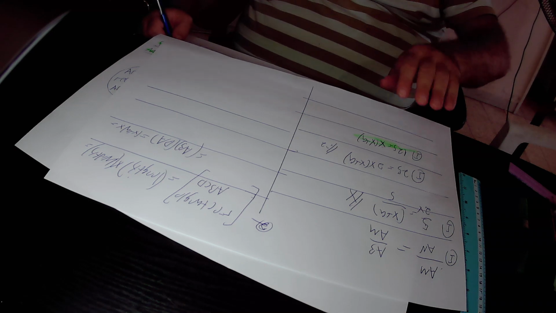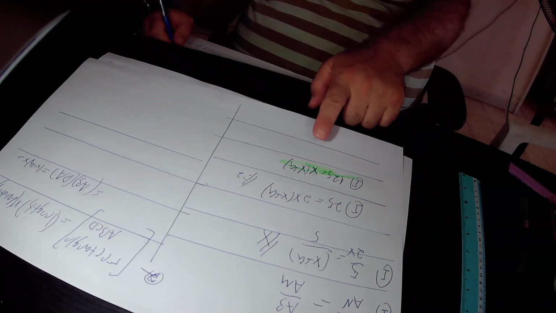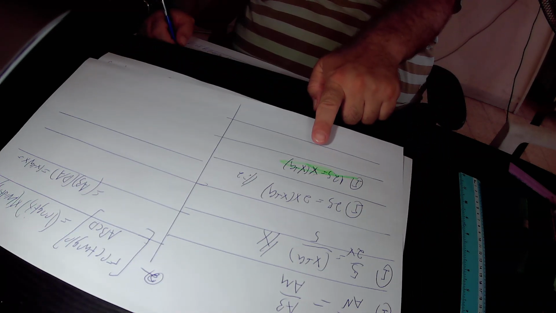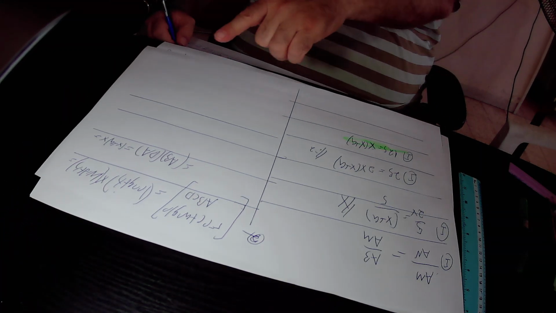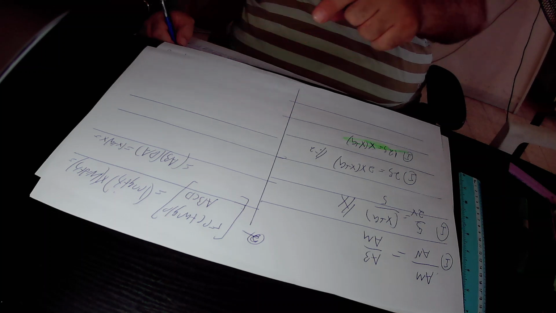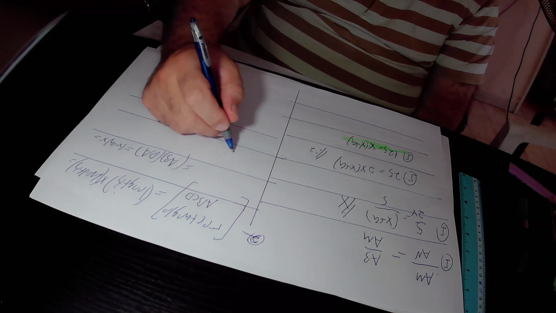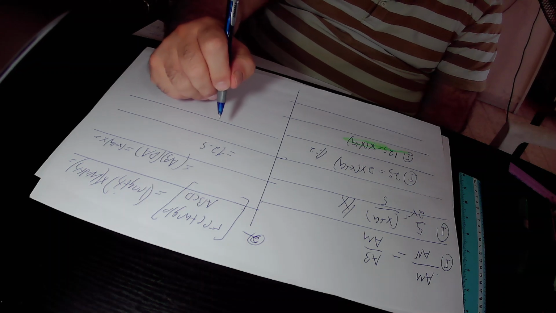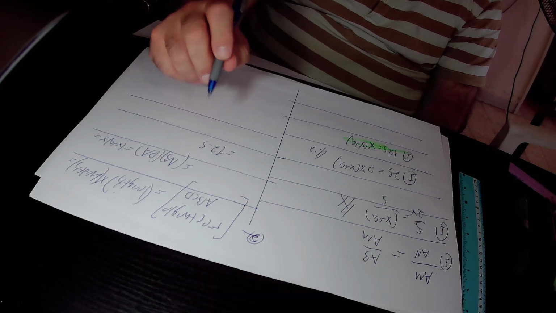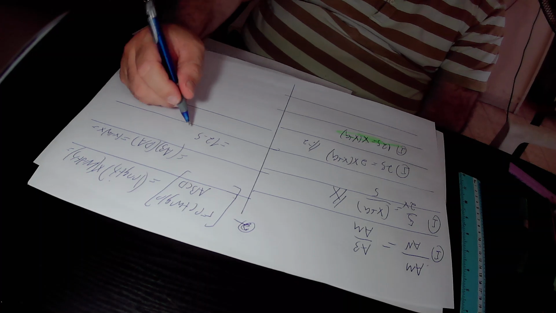A times x. But according to equation 1, x plus A times x is 12.5. So we substitute x plus A times x here by 12.5. So in total, we found out that the area of rectangle ABCD equals 12.5 square units.